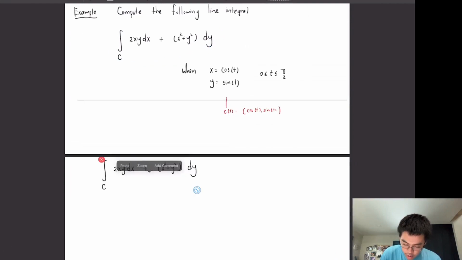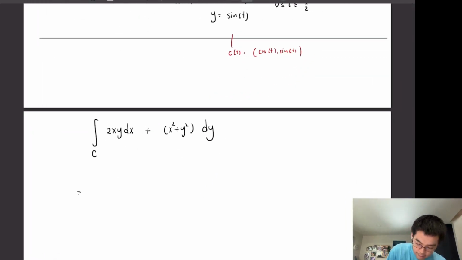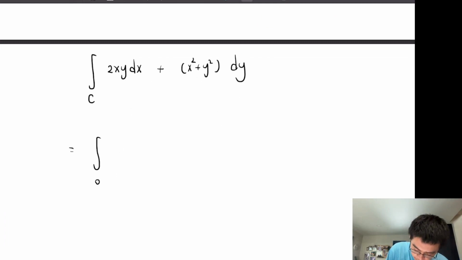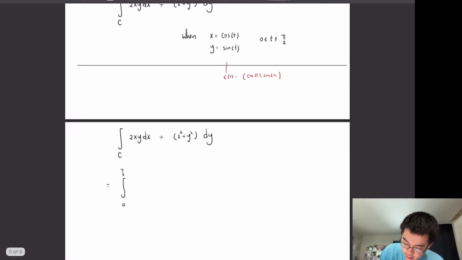All right, so what are we doing here? We're going to integrate this function, right? So first of all, we're going to go from left to right and transform one piece at a time. Integration over C, you look at the range of t and then you put it as the bounds. Okay, and then you have 2xy, right? So let me just copy this.